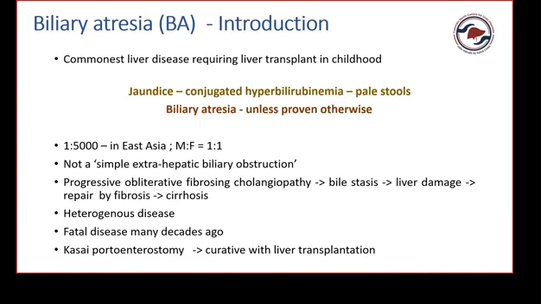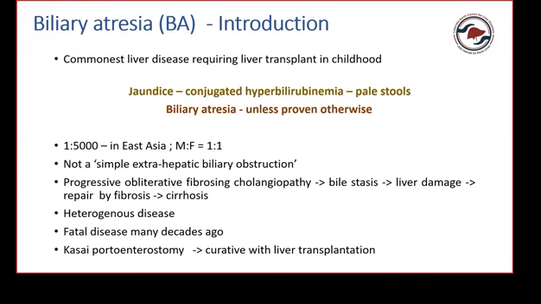When we say biliary atresia, and sometimes people say extrahepatic biliary atresia, the term itself might suggest a simple extrahepatic biliary obstruction, just like gallstones. However, it is not the case. It's a very complex disease with heterogeneous phenotype.